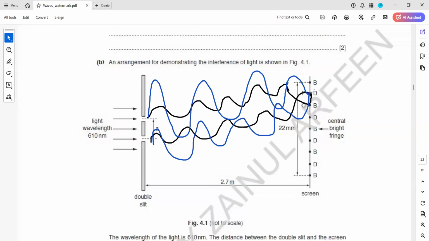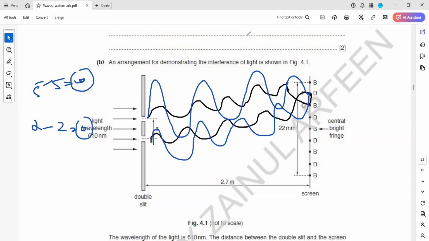So 5 minus 5 is 0, and 2 minus 2 is also 0. So both are giving a result of 0. That's why the dark will remain dark. There's no change in the appearance of a dark, but the bright will appear much brighter.